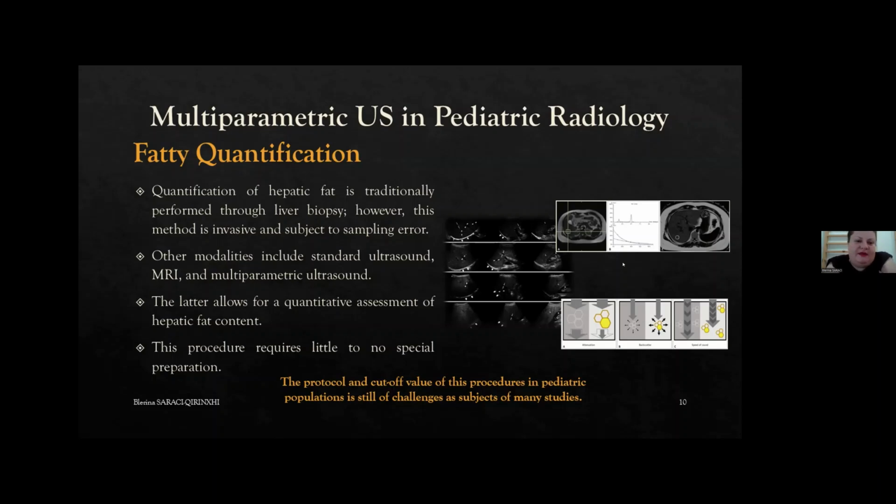Quantification of hepatic fat is traditionally performed through liver biopsy. However, this method is invasive and subject to sampling errors. Other modalities, including standard ultrasound, MRI, and multiparametric ultrasound, later allow for a quantitative assessment of hepatic fat content.